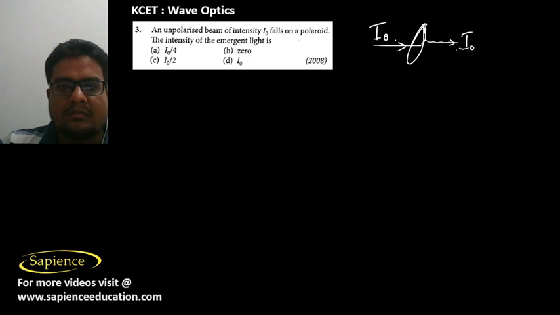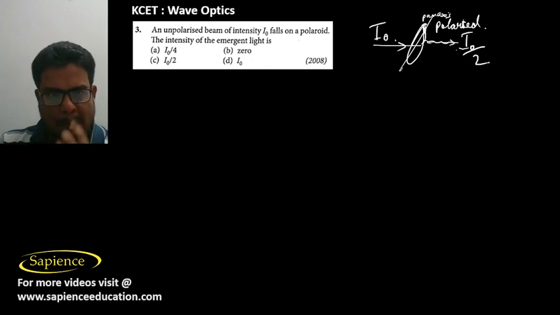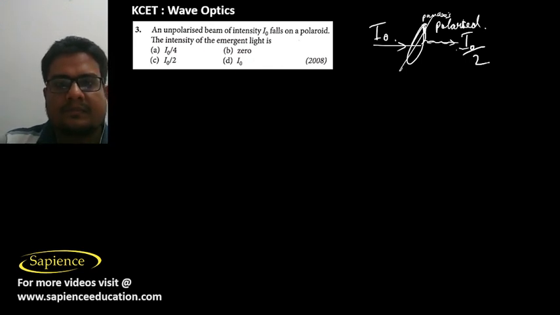Intensity will be I0 by 2, since after crossing the Polaroid, the unpolarized light will be polarized along the pass axis. So option C is the correct answer.